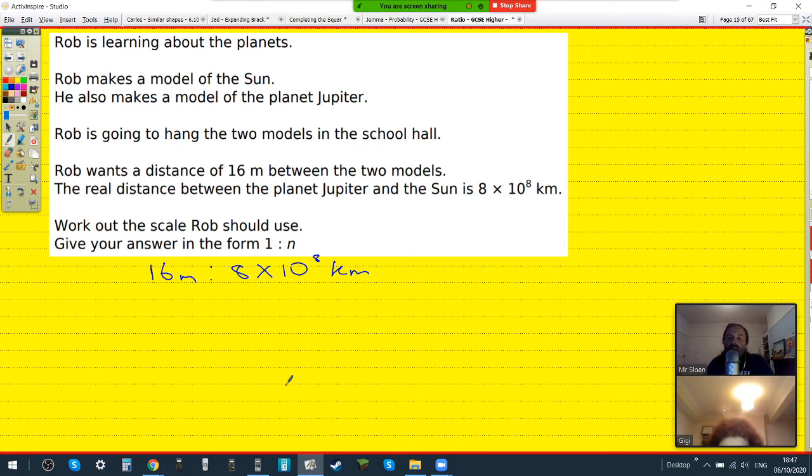All right. Let's get them both as meters. So what you have to do to kilometers to make it into meters? Divide it by 1,000. Meters are smaller, so there are more of them. Oh, times it by 1,000. Yep. And so we want it in the ratio of 1 is to something.